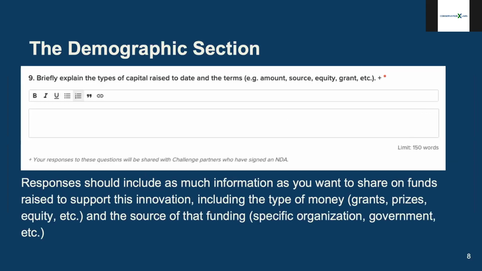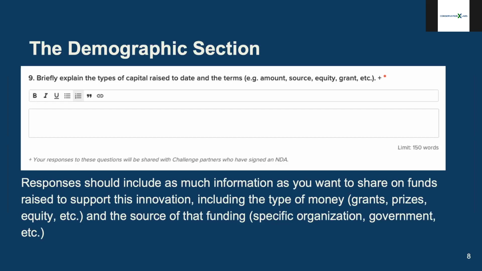So now I'm skipping ahead. I said I wasn't going to go through all of the demographic questions, but I'll jump right ahead to question number 9 in the demographic section. It asks you to briefly explain the types of capital raised to date and the terms. So the amount, the source, whether it's equity, grants, etc. You can provide as much information as you want to with us at Conservation X Labs.